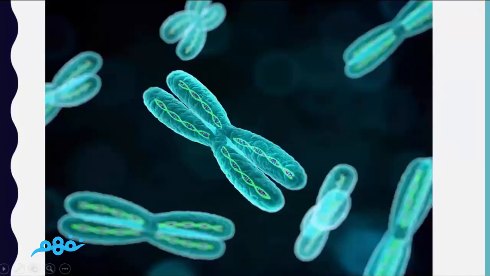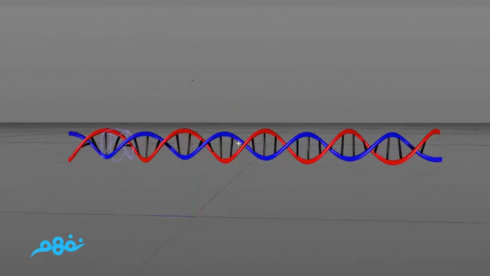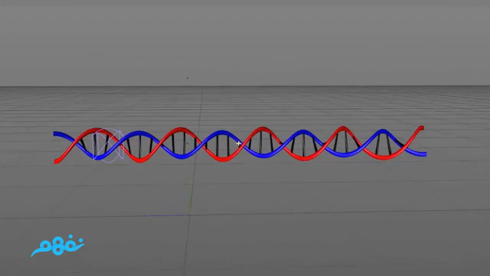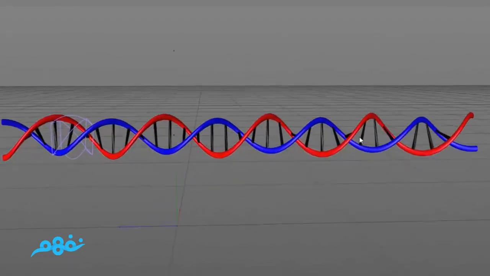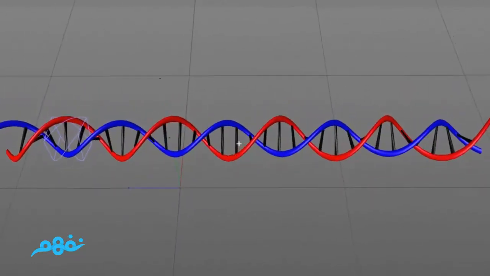This is a 3D model of a chromosome, and I have designed another model in 3D software to make it clear, as you see here. As we see here, this is a component of a chromosome.